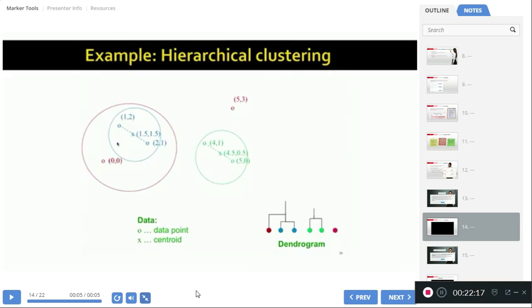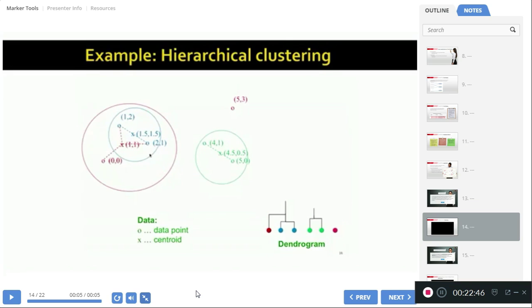Once we do that, we can combine the 3 points 1, 2, 2, 1 and 0, 0 into a single cluster, and we can represent it by its centroid, which is 1, 1. To determine the centroid of this combined cluster, we average all 3 points 1, 2, 2, 1 and 0, 0. The average along the x axis is 0 plus 1 plus 2, which is 3, divided by 3, and that gives you 1.